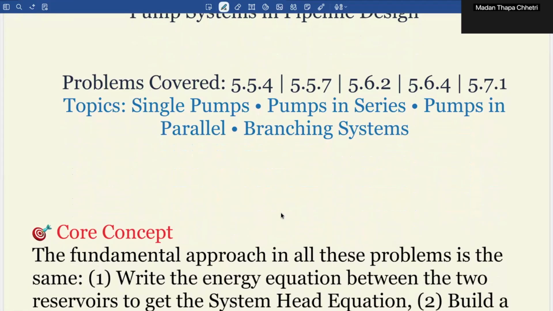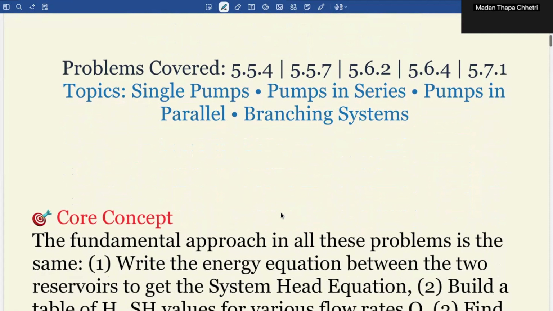We need to write some energy equation first, and then get the system head equation, and then we will build a table of system head values for various flow rates, and we will also find where system head curves intersect pump characteristics, which is basically our operating point.